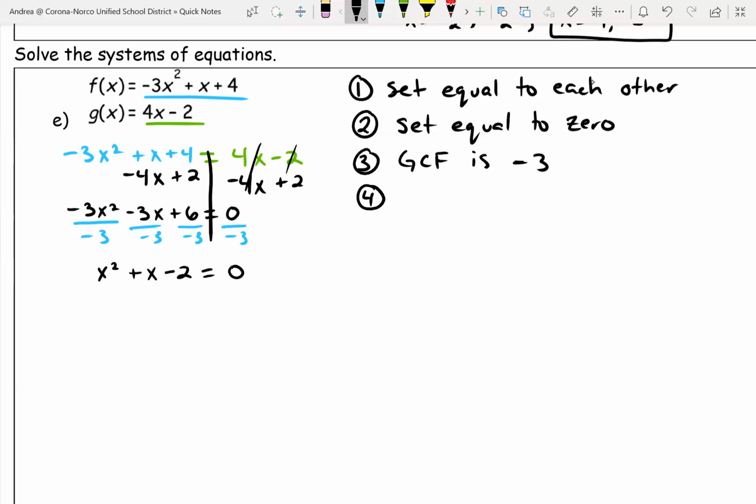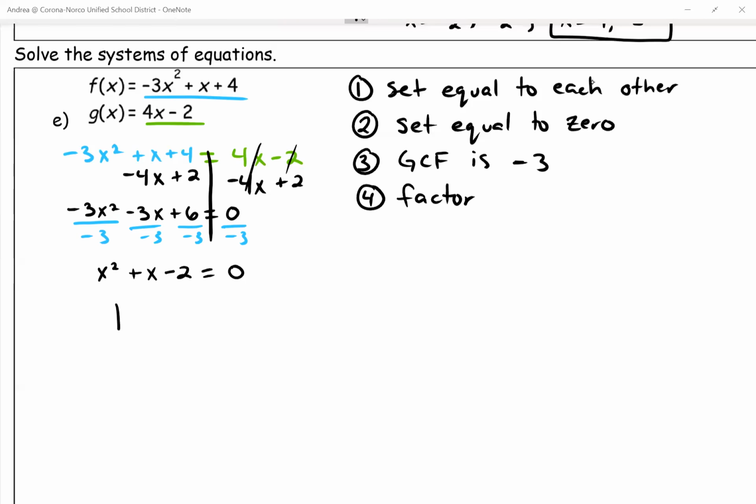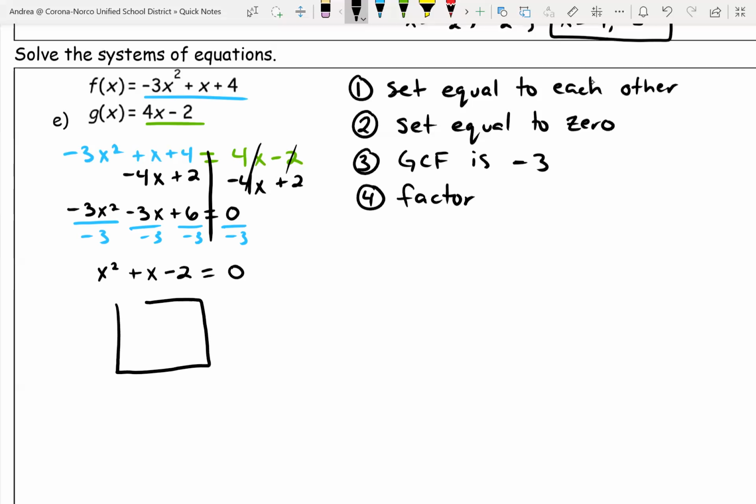Okay, I'm going to factor now. You guys factor that for me. Find my two factors.